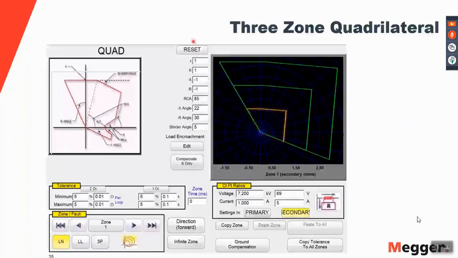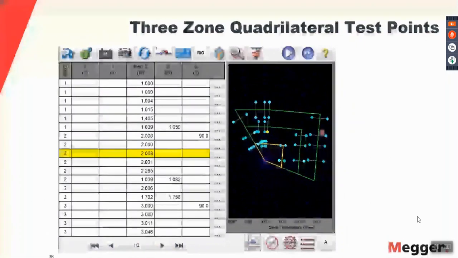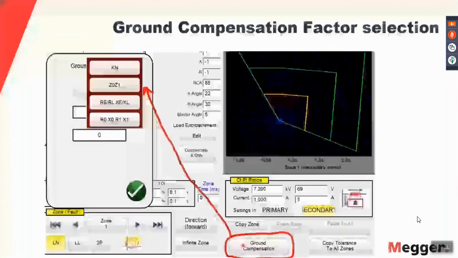You can type them here, and then you have the type of characteristic that you want. In this case, we also have a three-zone quadrilateral, and then you have the ability to test all those points along the line. In this case, we are even showing the possibility to do ground compensation on that quadrilateral.